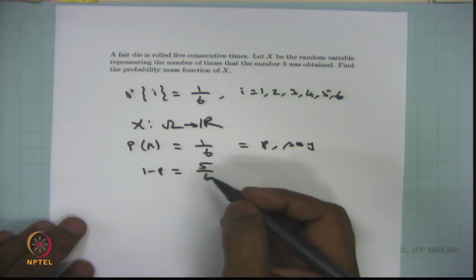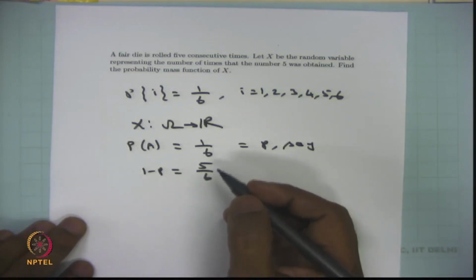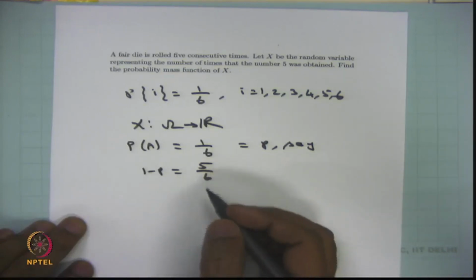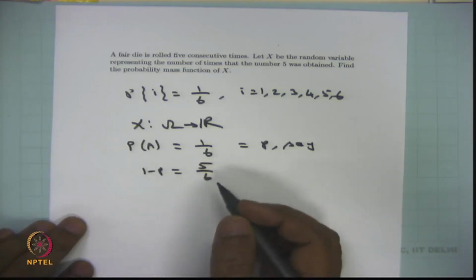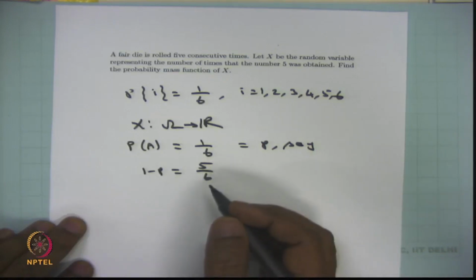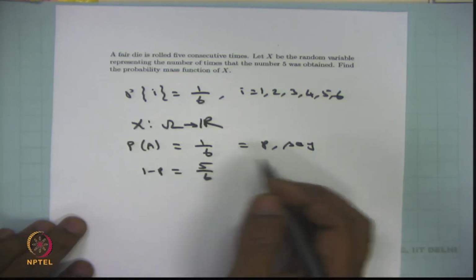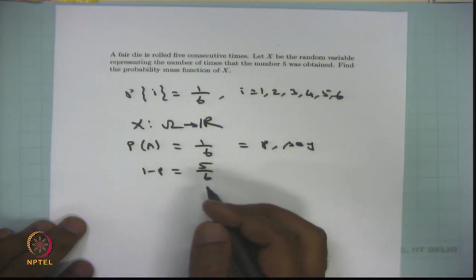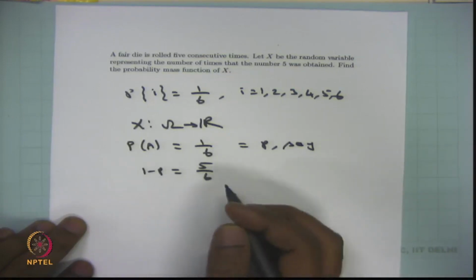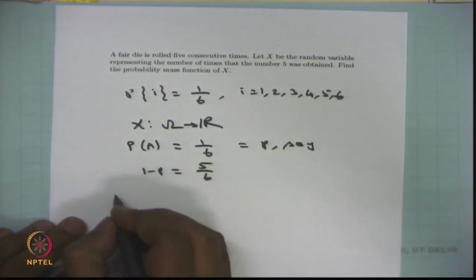Here, getting the number 5 with probability 1 by 6 is the probability of success, and the probability of failure is not getting the number 5, with probability 5 by 6. Therefore, each Bernoulli trial has success probability p equal to 1 by 6 and failure probability 5 by 6. Like that we have n independent Bernoulli trials. Here n is going to be 5.